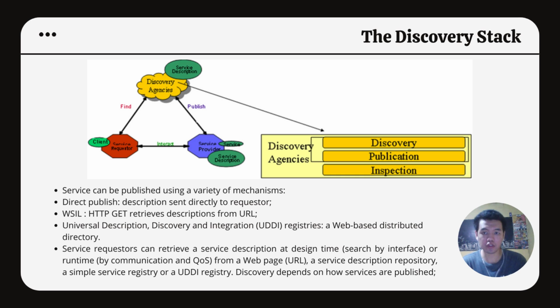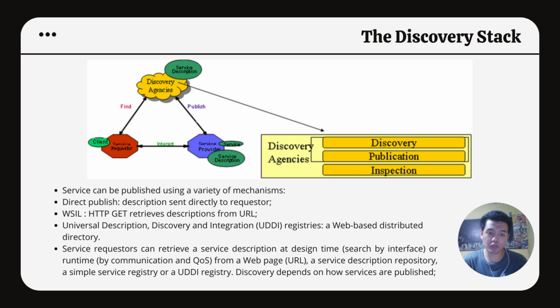Services can be published using a variety of mechanisms. Direct publish, where the description is sent directly to the requester. WSIL or HTTP GET retrieves descriptions from a URL. And Universal Description, Discovery and Integration, UDDI, registries, a web-based distributed directory.